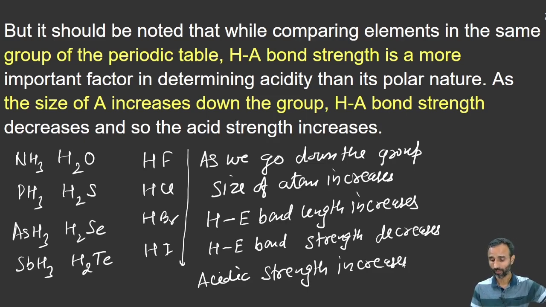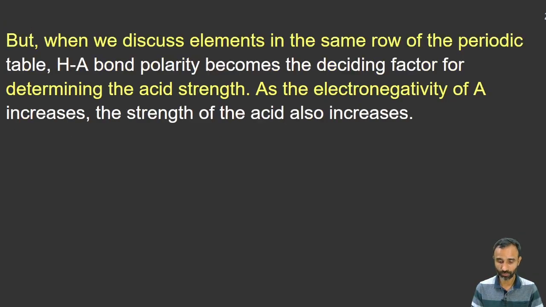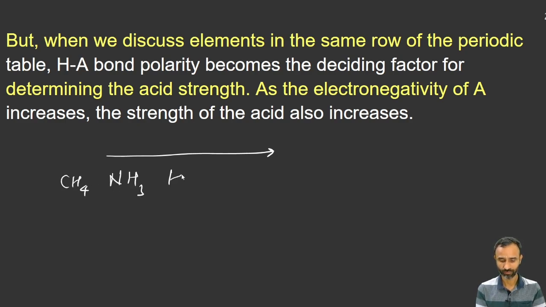Okay, now come to when we are going along the period. Along the period, for example, we have methane, ammonia, H2O, HF, or SiH4, PH3, H2S, HCl.